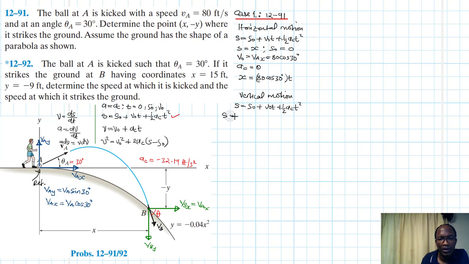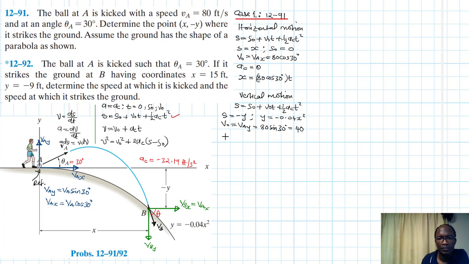Our S in our case is minus y, and y is equal to minus 0.04x squared. And then V naught is equal to VAY, which is equal to 80 sine 30, which is just equal to 40.